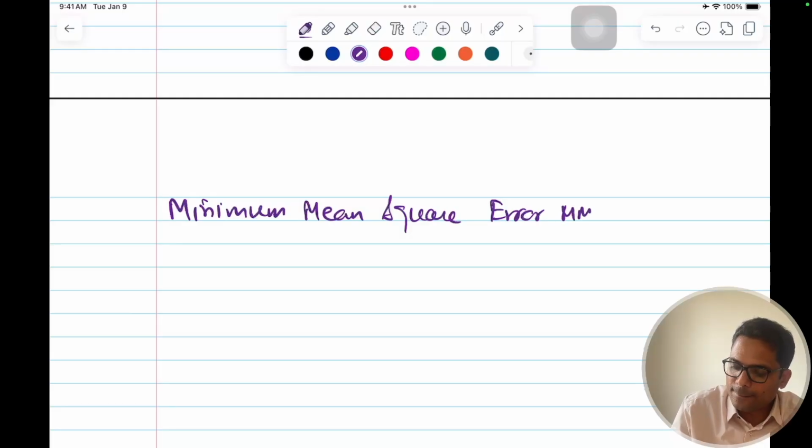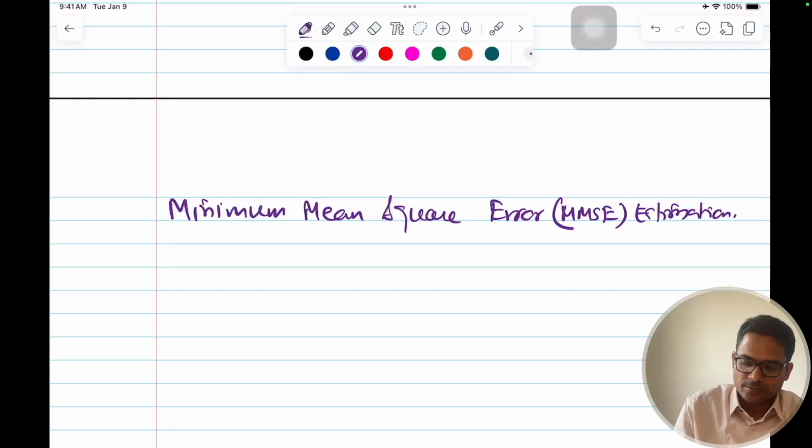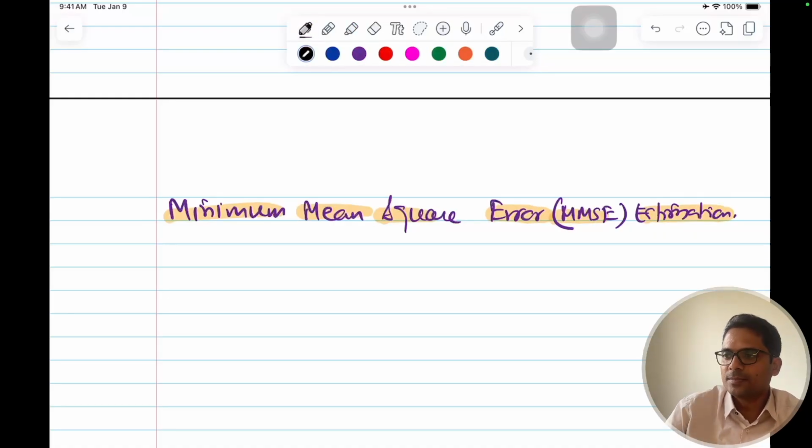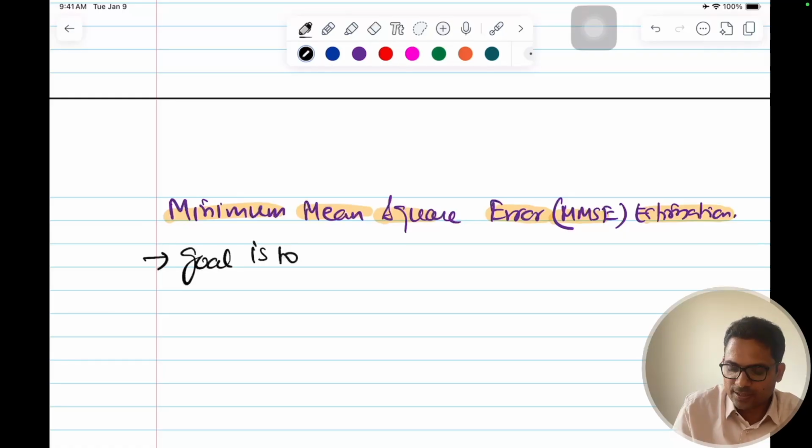This is called MMSE, minimum mean square error estimation. This is our second tool. Okay, MMSE. So what is the goal here? The goal is to minimize the magnitude of error. I don't want just a yes no answer as a MAP estimate.